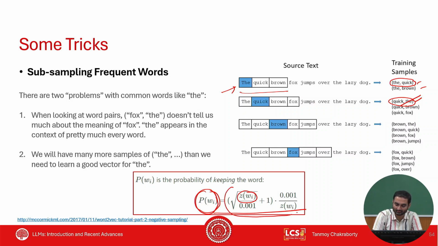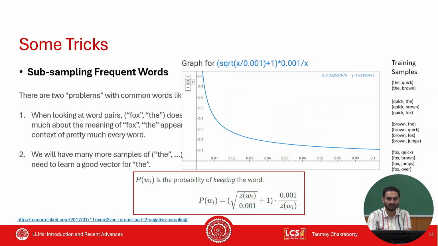And this is some sort of complicated formula that they proposed without much rationale behind it. But you can also think of many such formulas which can guarantee that this trend remains as it is. What is this trend? The x-axis is Z(W_i) and the y-axis is P(W_i).